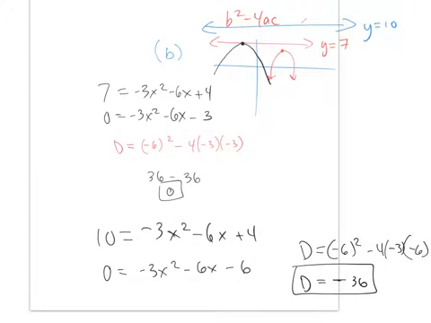So the discriminant is negative, therefore there's going to be no intersections. With what though? No intersections with the line y equals 10. Okay? This is the last part of 7.6. We're going to press on to 7.7 now at this point. Any questions on 7.6 you want to ask?